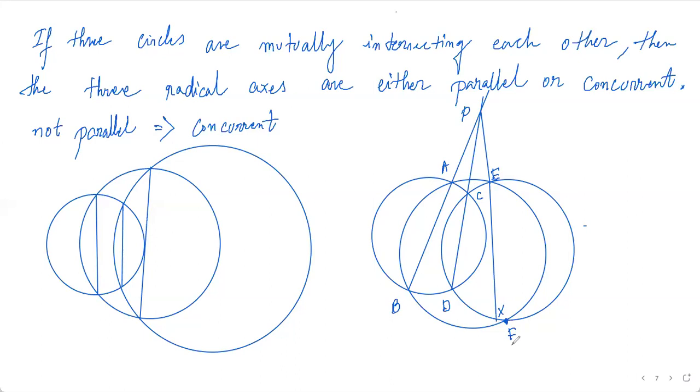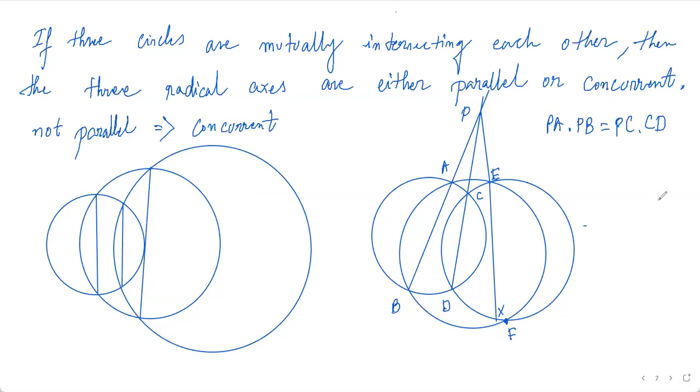So now I can use the tangent secant theorem because I see the secants here. So I'll have PA times PB is equal to PC times PD.